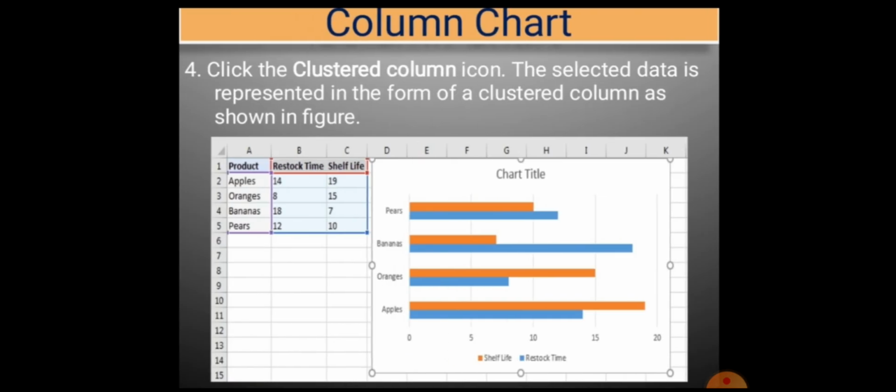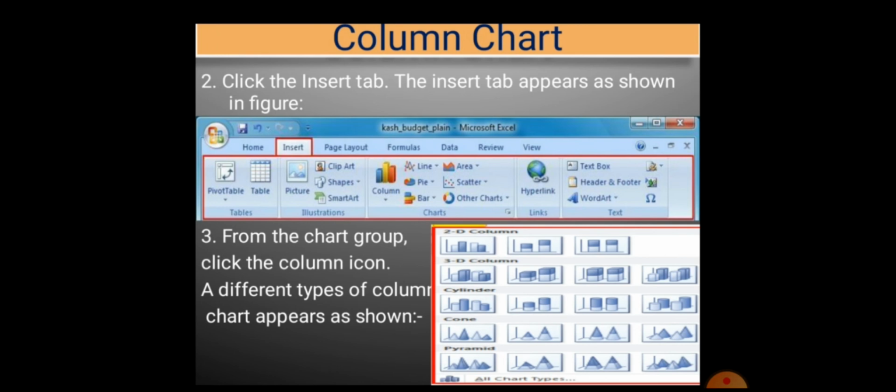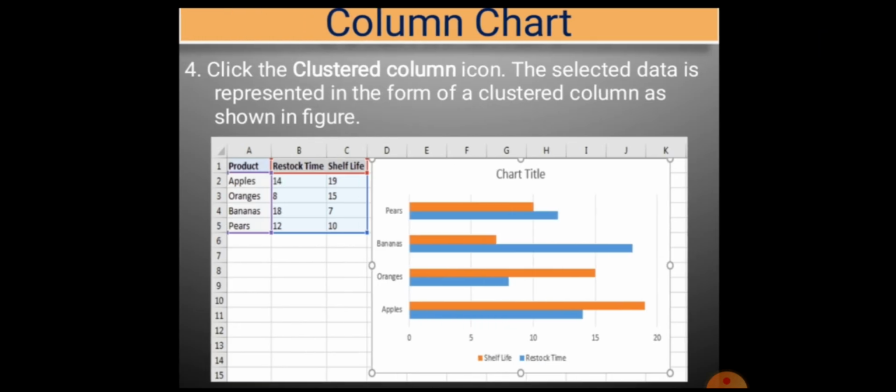Now click on the clustered column icon. We will click on which icon? Clustered column icon. So selected data will be represented in the form of clustered column as shown in figure. As we can see in this picture, we can give chart title. Here are the x-axis and y-axis also, and we can show the quantities as well.